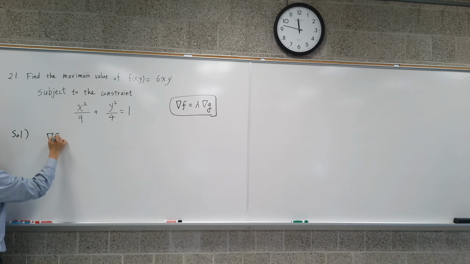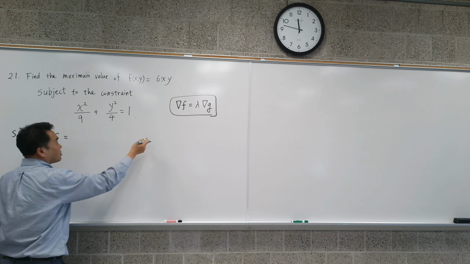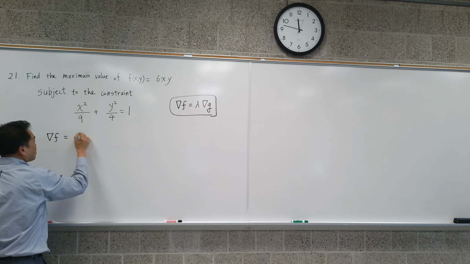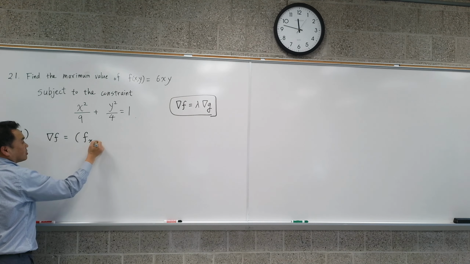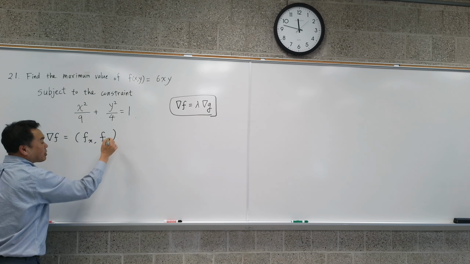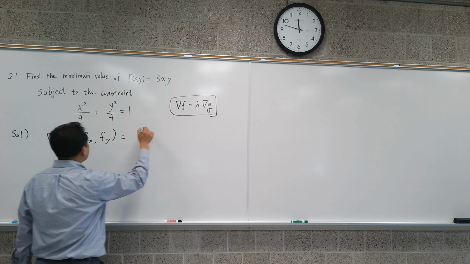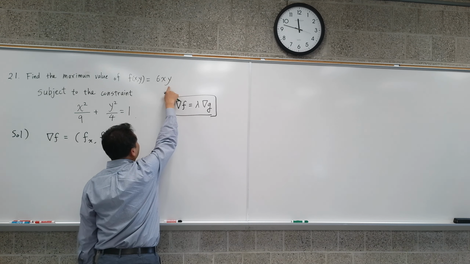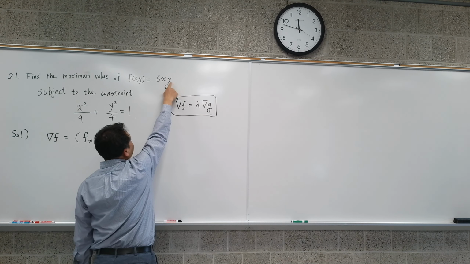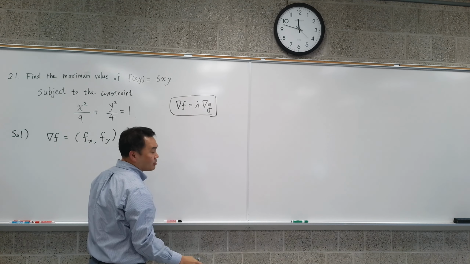Gradient of f is, well, gradient is just writing down all the partial derivatives you can write and making a vector out of it, right? And then when you differentiate this by x, that means you're treating y and 6 as a constant, right?